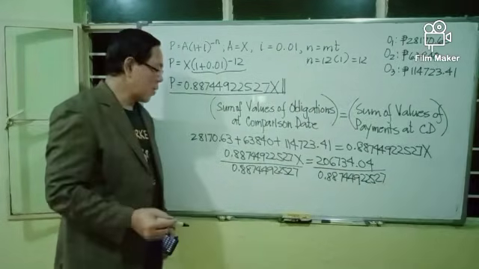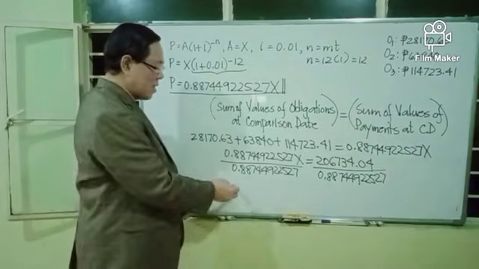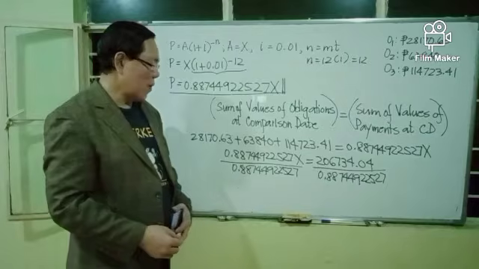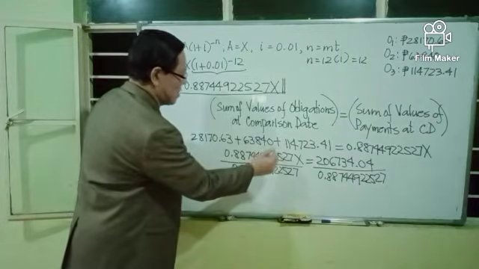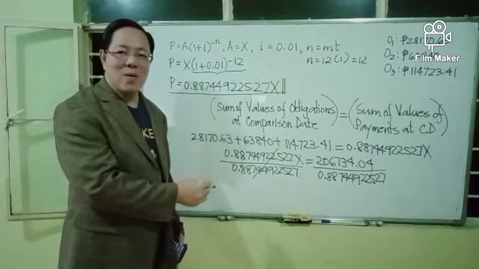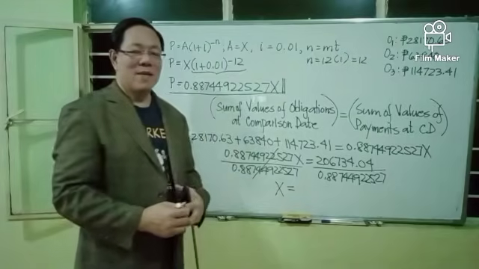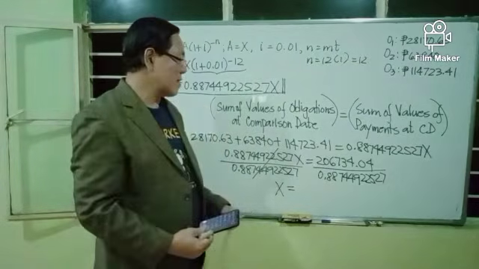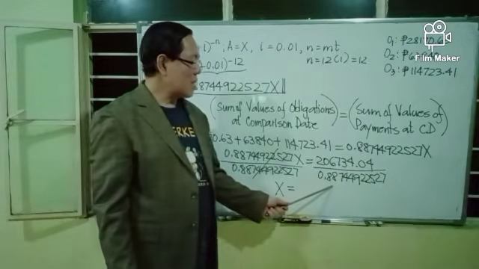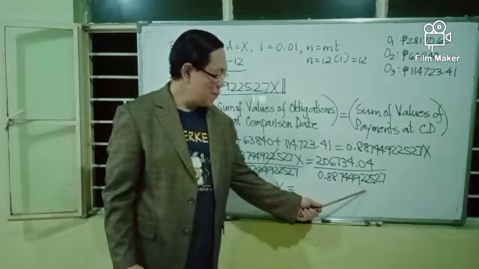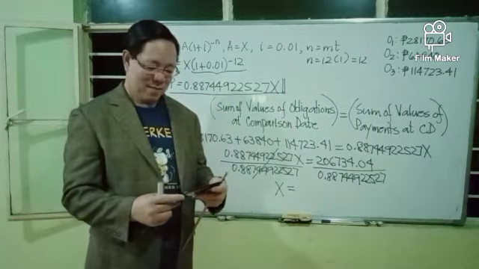At the left-hand side, 0.88744922527 over 0.88744922527 will cancel out because it's equal to 1. And at the left-hand side, we only have X. At the right-hand side of the equation, you divide 206,734.04 by 0.88744922527 and you round off your answer to 2 decimal places.